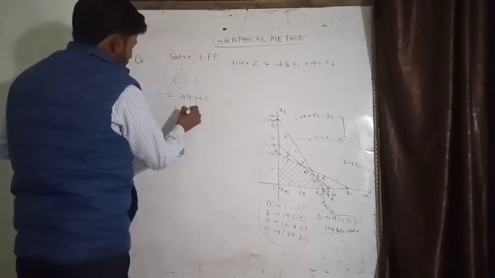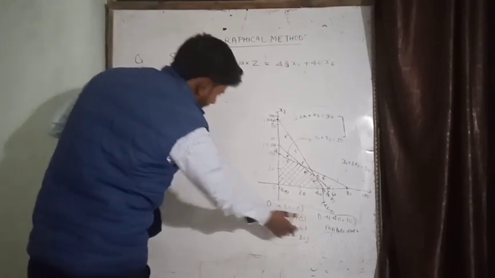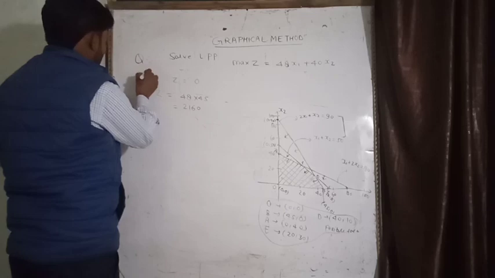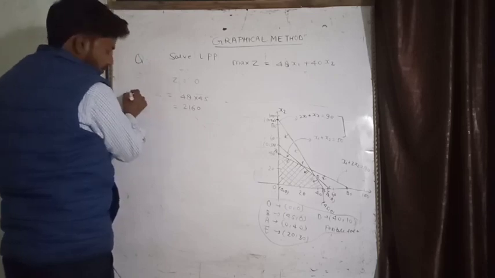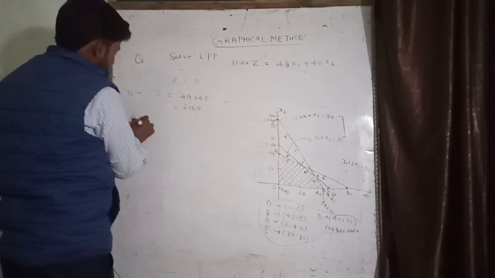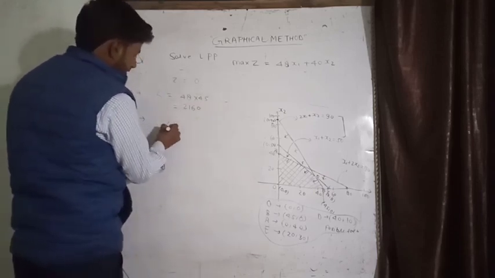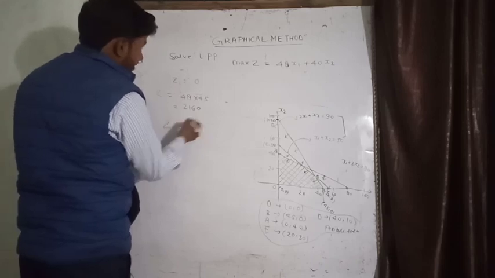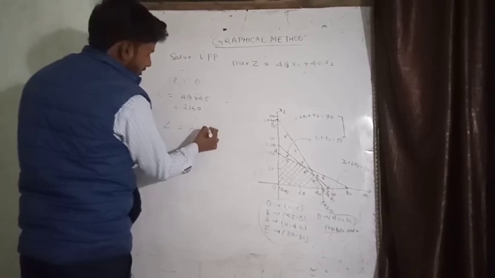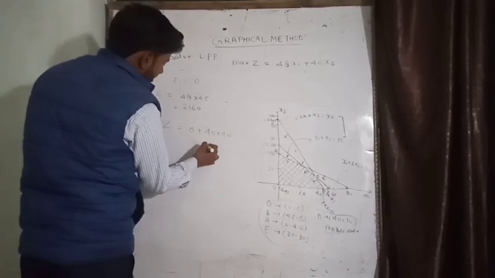So this is 2160 for point B, and this is for point A. If we take the value for point A, we get Z is equal to 48x1, that is 0, plus 40x2, that is 40 into 40, which is 1600.